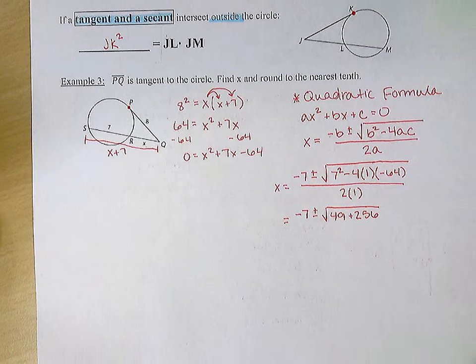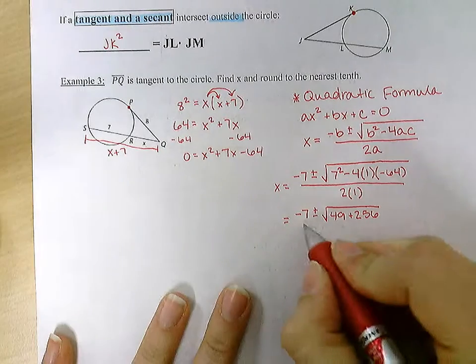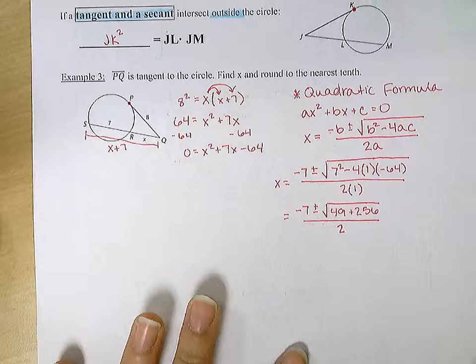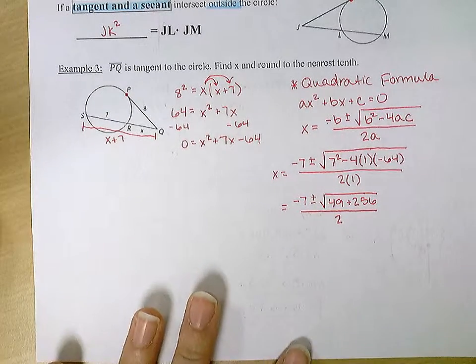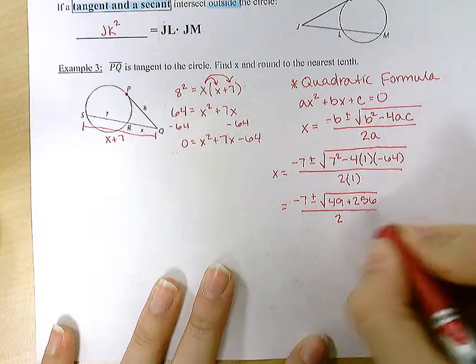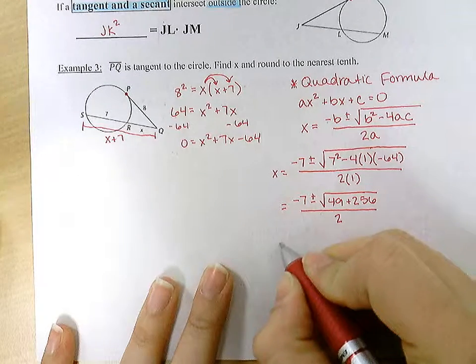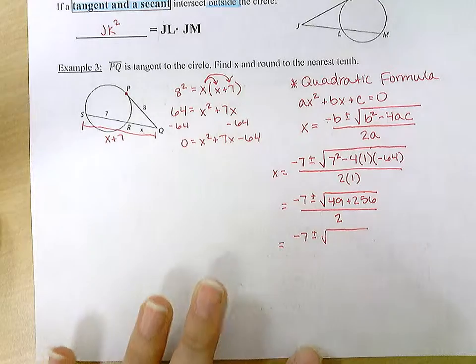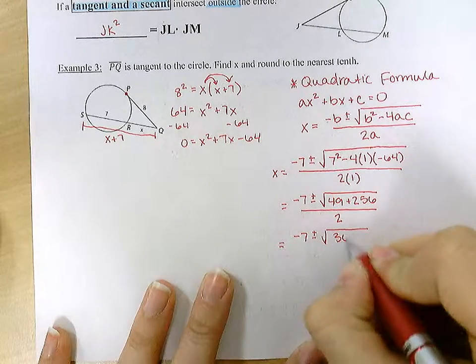You should get a positive 256. Okay, and that's going to be over 2. Now just add your two numbers inside your radical together. That's 305.